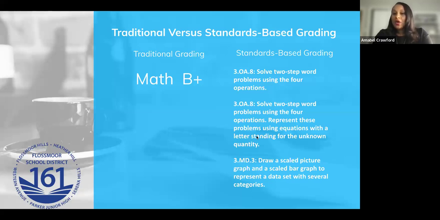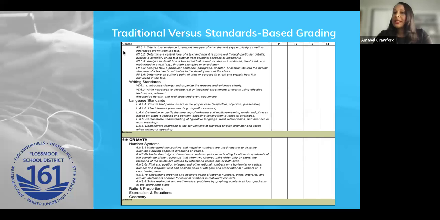And again, this is what will be reflected on a student's report card. So you can see an example here. The report card now gives us much more detail, gives us the standard as well as the evidence. This is an example from a 6th grade report card with the standard listed as well as the actual skills needed.